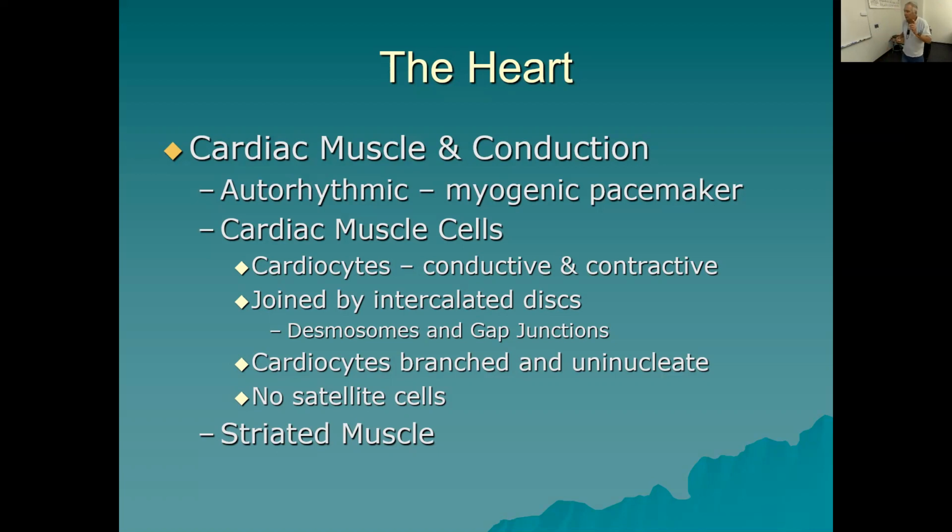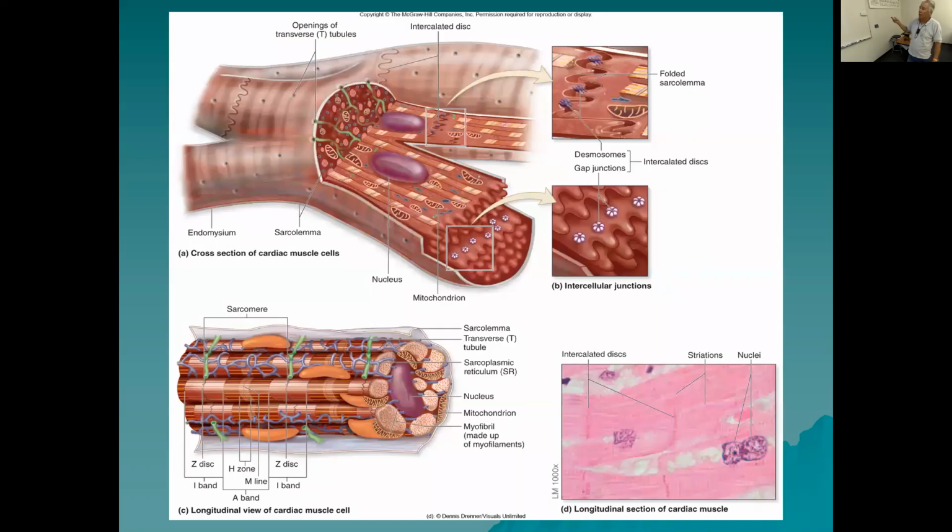But the internal anatomy of cardiac muscle cells is quite different from skeletal. Let's go to here. Yeah, so here is the internal anatomy. See on the top left, I was trying to use the pointer, but it won't work on this. Okay.